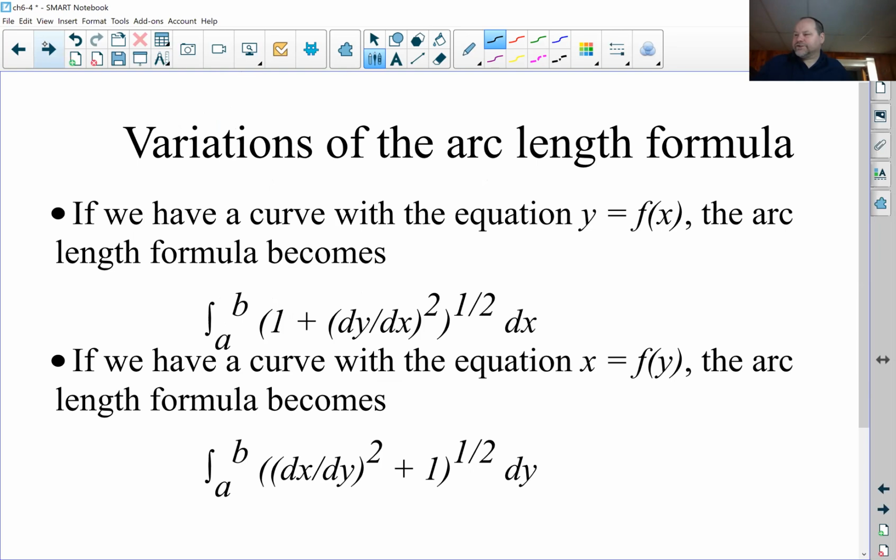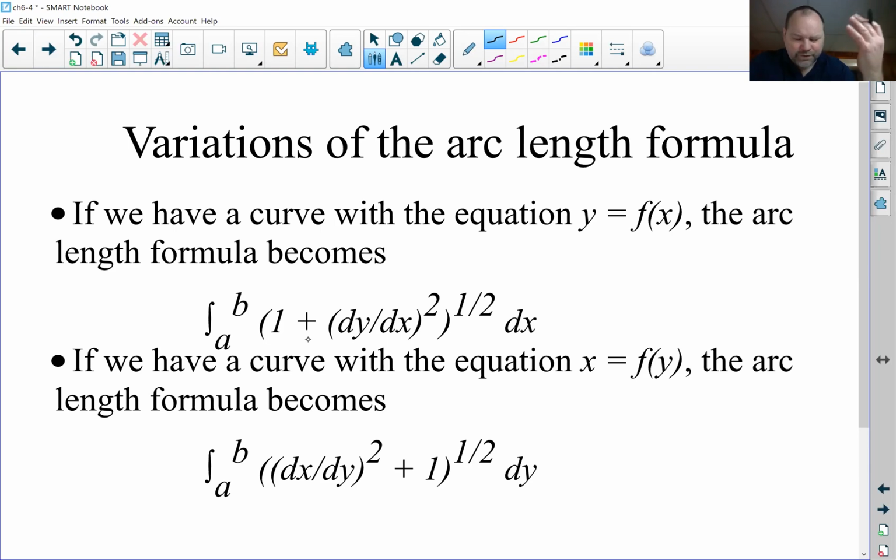So if we have functions defined explicitly, y equals a function of x, then instead of the integral of the square root of the derivative of x with respect to t squared plus the derivative of y with respect to t squared, basically you're looking at the square root of 1.